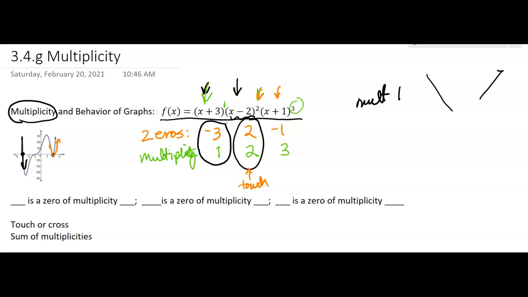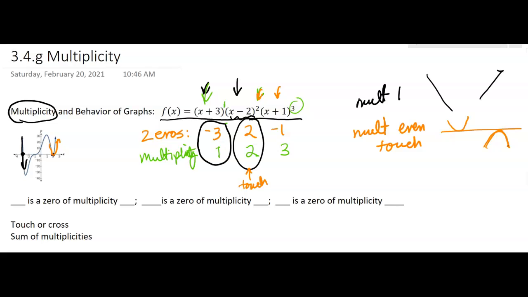Okay? So if the multiplicity is even, it's going to touch or bounce. If it's a 4 or a 6, it doesn't matter. It's going to come down and bounce off. Or it could be coming up and bouncing that way, okay? But it's going to bounce off the x-axis. So that's if the multiplicity is even.